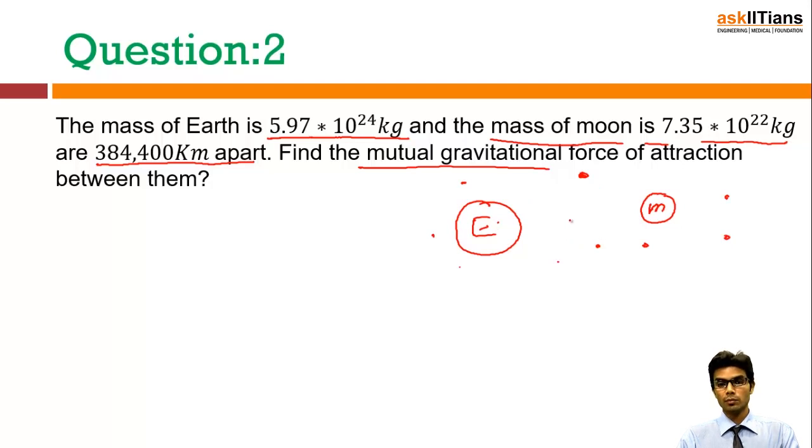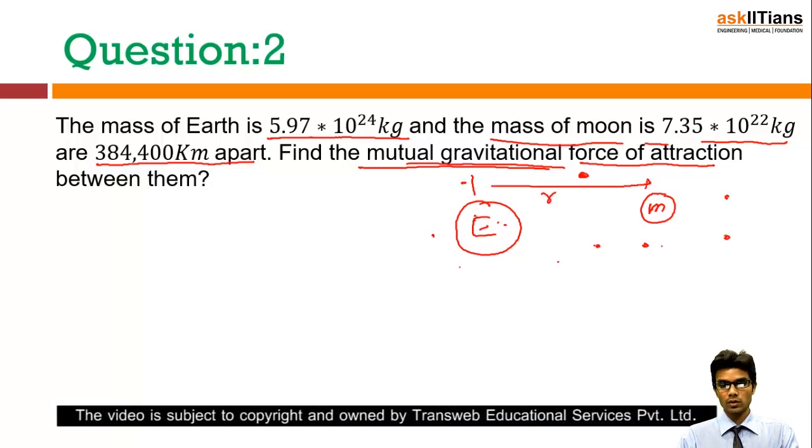So there may be an influence of these other planets on the force between the earth and moon. But here we have to find the mutual gravitational force of attraction between them, so we have to consider only the force between earth and the moon. We have to ignore the force due to all these other planets. We are going to consider only the mass of earth, mass of moon, and the distance between them.